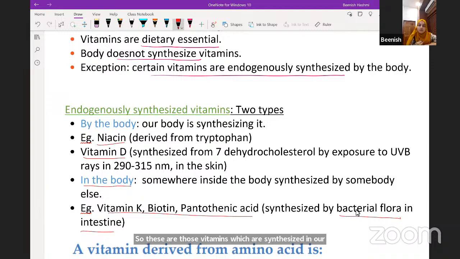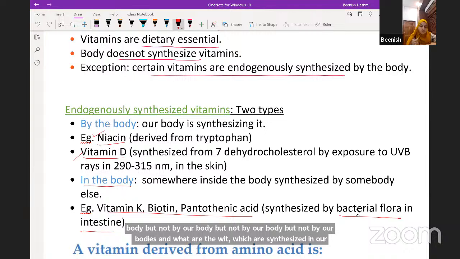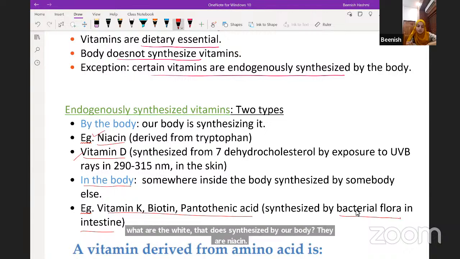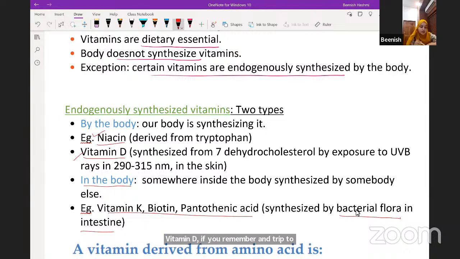And what are the vitamins that are synthesized by our body? They are niacin and vitamin D. If you remember in tryptophan metabolism, we had studied that niacin was one of the products that was formed from tryptophan. And also, this is the only vitamin that is derived from an amino acid.